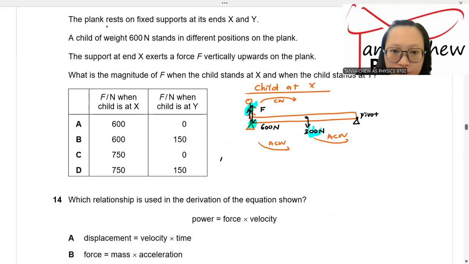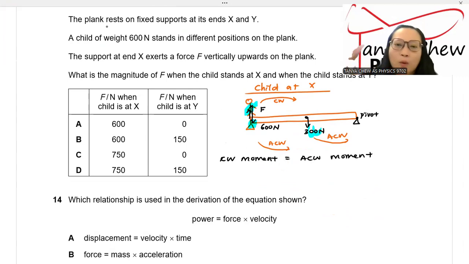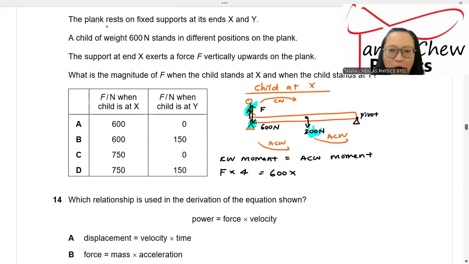So total clockwise moment is equal to total anti-clockwise moment. Clockwise moment is your force F multiplied by the length of the whole plank, which is 4 meters, equals 600 Newton multiplied by the length of the whole plank, which is 4 as well, plus weight 300 multiplied by 2, because the weight of the plank acts at the center of the plank.